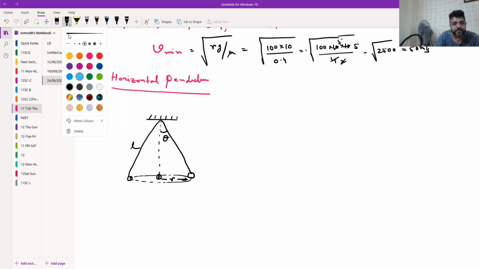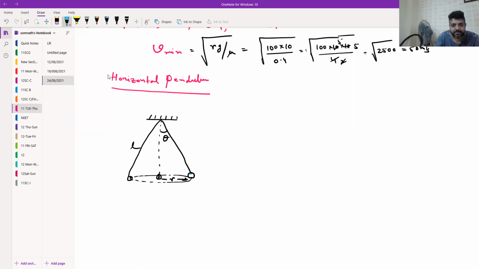So now, obviously, as you have a mass, you have a tension T, and mg is acting downward. This one is also theta. So you have T cos theta and T sin theta.